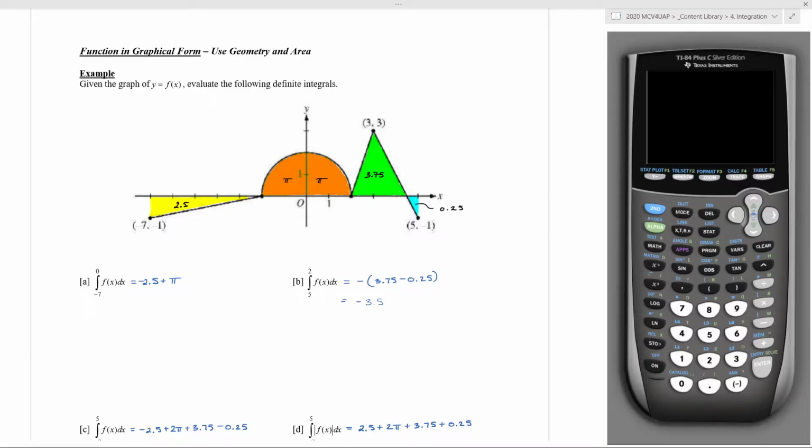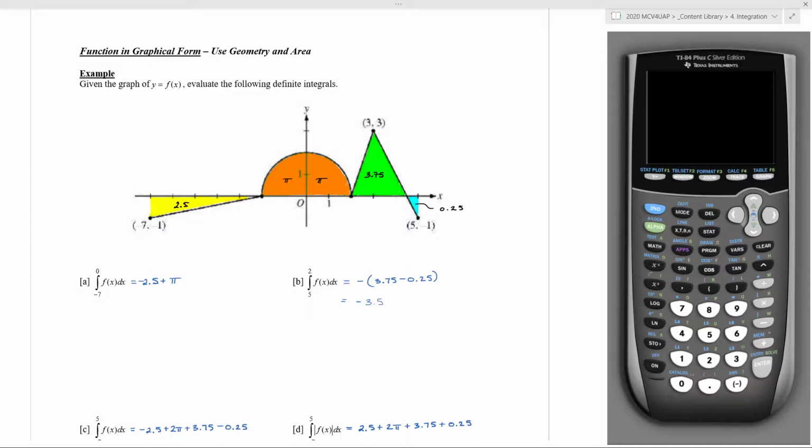Part B, the integral from 5 to 2. Notice now you're integrating from the right, 5, to the left, where you end at 2. So the way I would do this, if you're integrating from right to left, it's going to be the negative of what you would get when you integrate from left to right. So I would just say everything above is positive, everything below is negative.